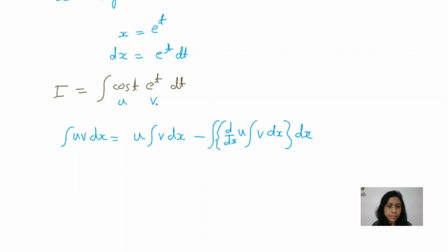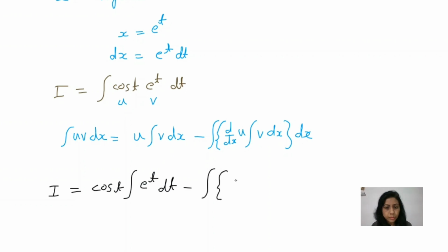and e to the power t we can choose as the second function v. So I is equal to, here you write as it is, cos t, integrate e to the power t dt, minus integrate, first differentiate cos t with respect to t, and integrate e to the power t dt.